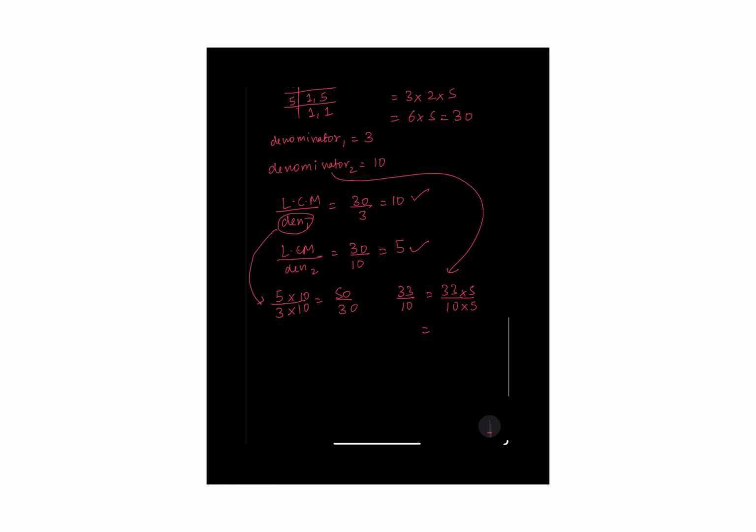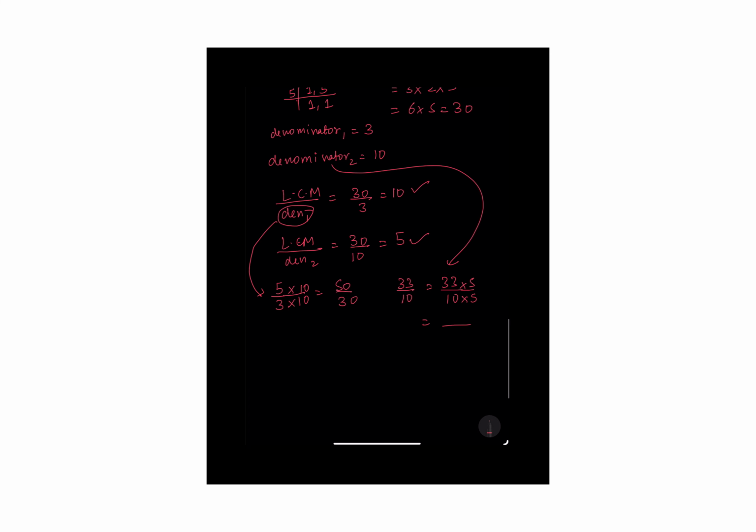What we will get here is, this will be 3 here. So that means we'll be dividing and multiplying by 3 here. We'll get 99 here and we'll get 30 here.